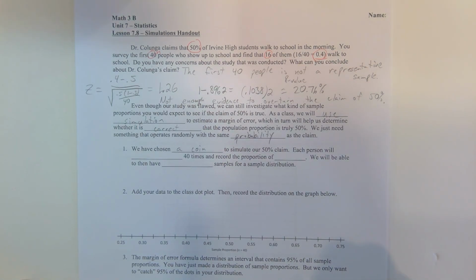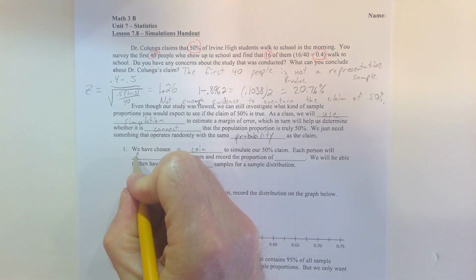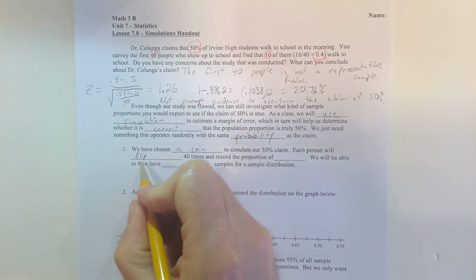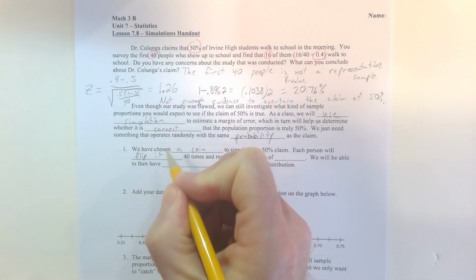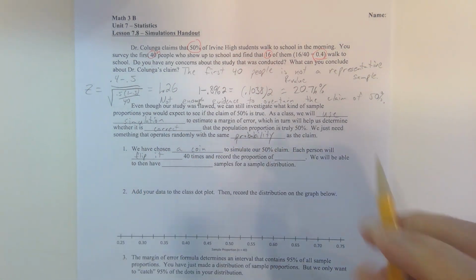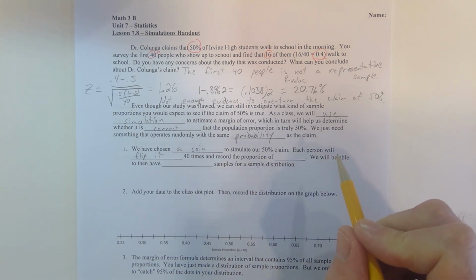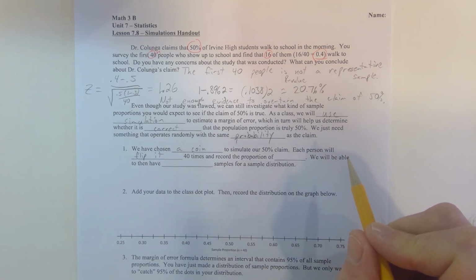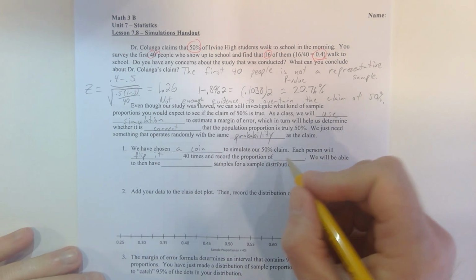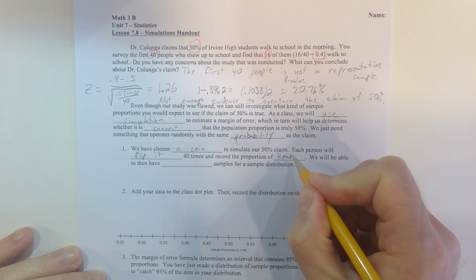Now, the goal here was to have everyone in the class flip a coin 40 times and record the proportion of heads. It doesn't really matter if you count heads or tails, either one is fine, so I'll say heads.